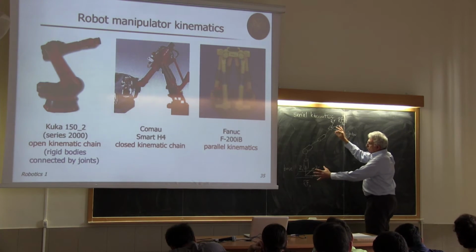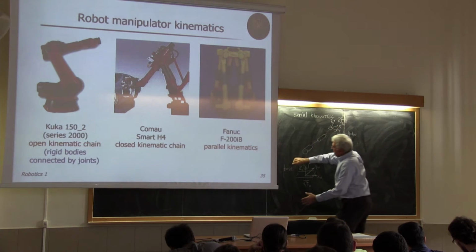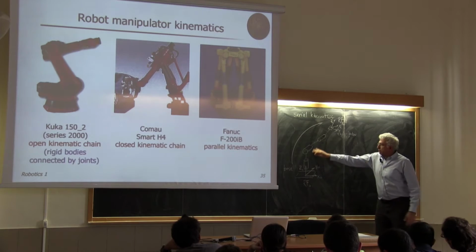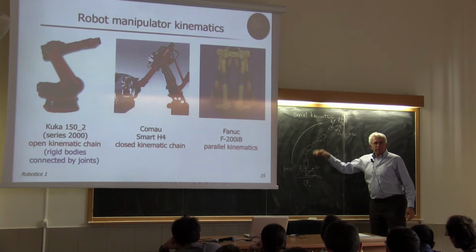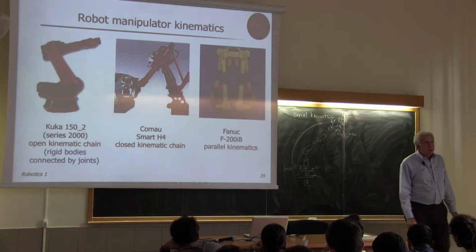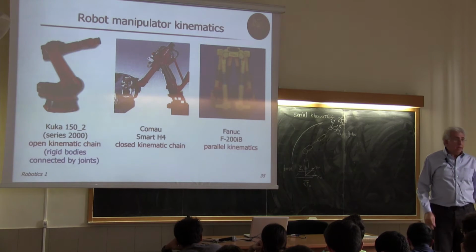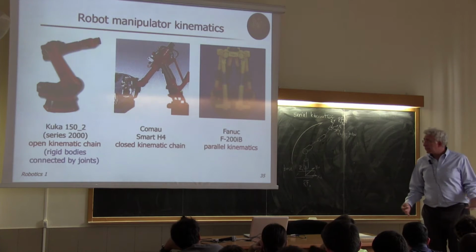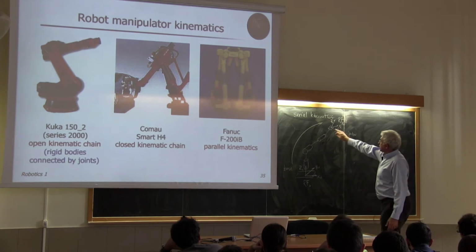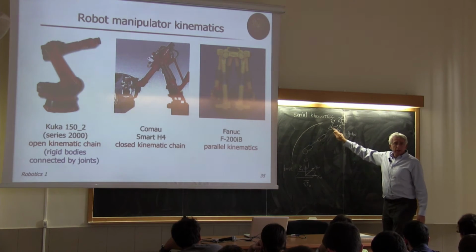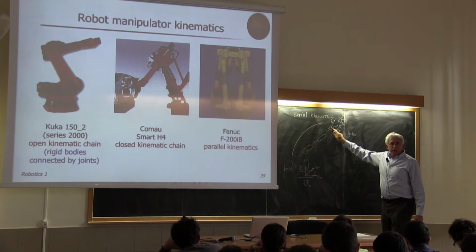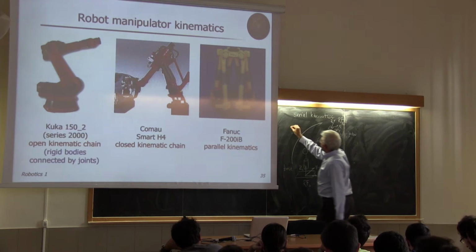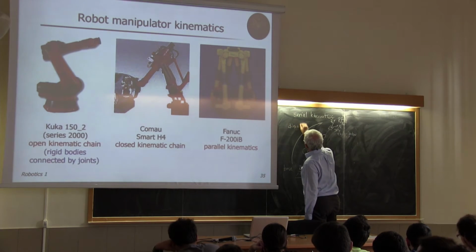So, the mapping that, given a set of variables that describe the angle of each joint, and we will see how to use a systematic way for defining this, the mapping that characterizes the position and orientation of the end effector frame with respect to the base frame is called direct kinematics.